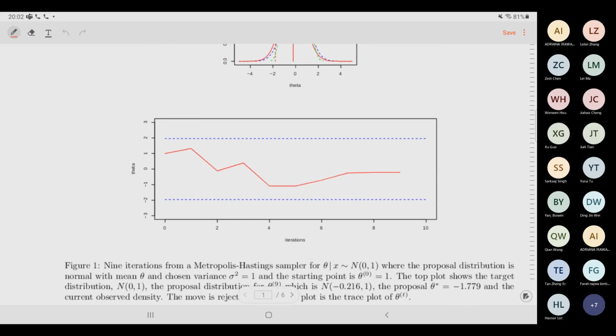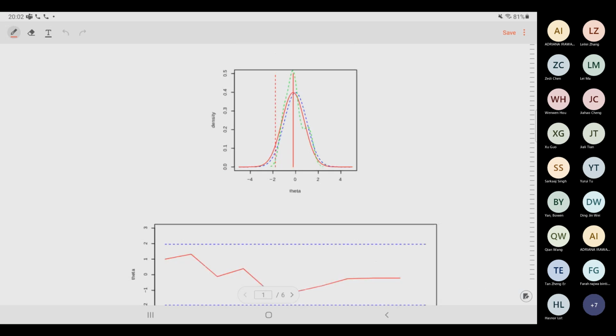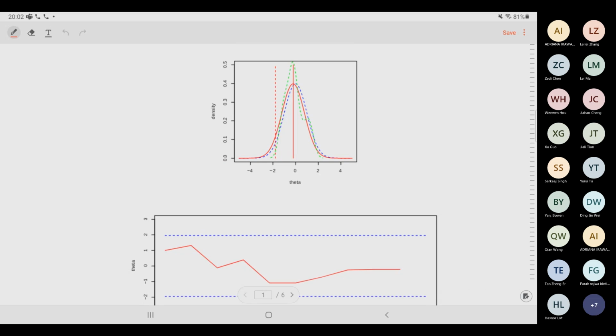So you can see that the first one is the PDF. PDF meaning that it is your actual distribution, and then you have the proposal. You can see the difference between the green, the blue, and the red.